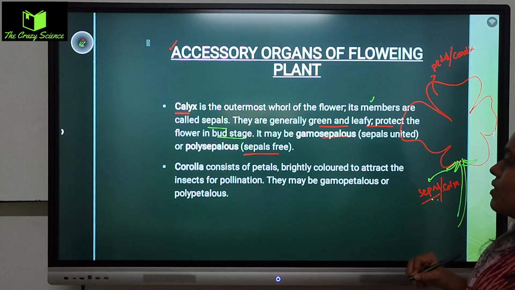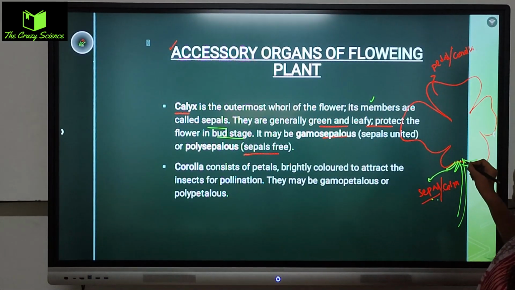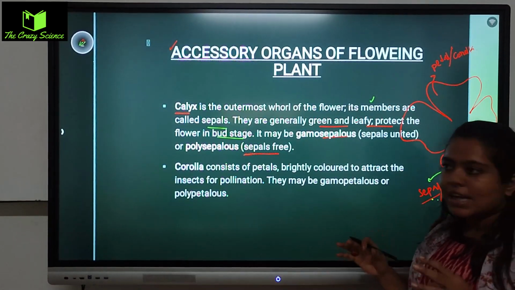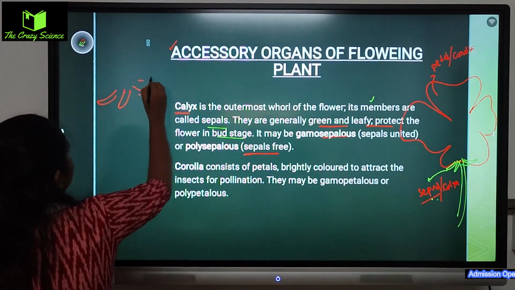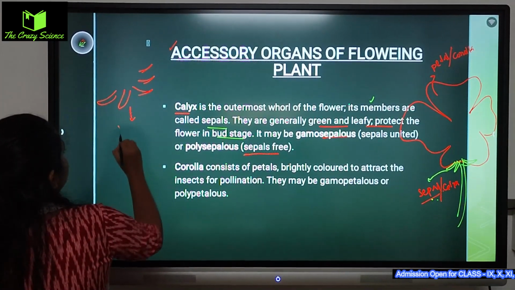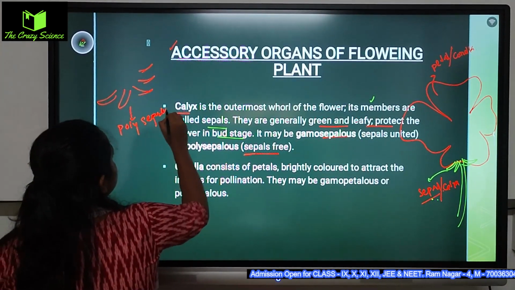Okay, so this part is, as you can see I have drawn the sepals, they are free. If sepals are free, they are called polysepalous.